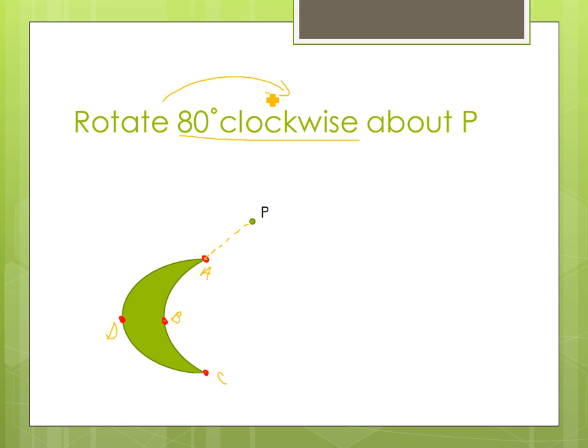So A is going to go 80 degrees clockwise. A right angle looks like that, so 80 degrees is almost a right angle. So we want to be up in here, and we want to be that same distance. So we're going to be right in there somewhere. That's going to be A prime.